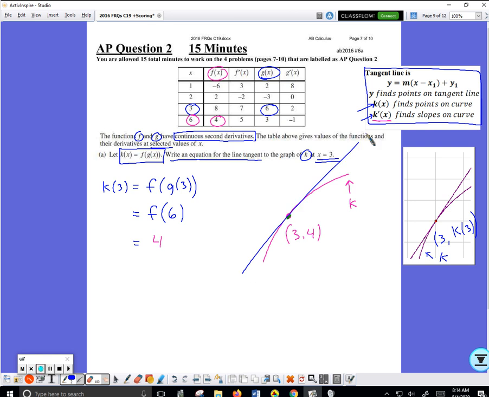Okay, so k prime. This is going to require the chain rule because I have f of g. So this becomes f prime of g multiplied by g prime of x. Therefore, k prime when x has a value of 3 is f prime of g of 3 times g prime of 3.